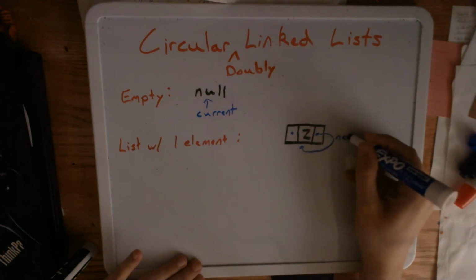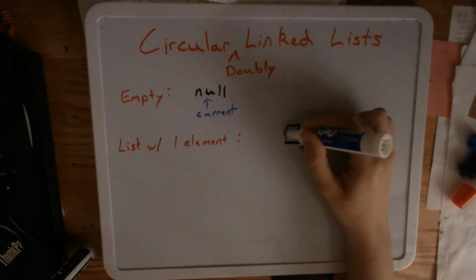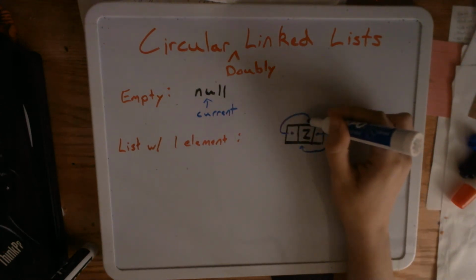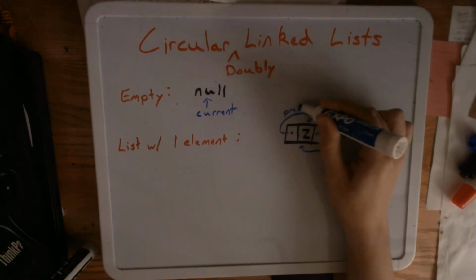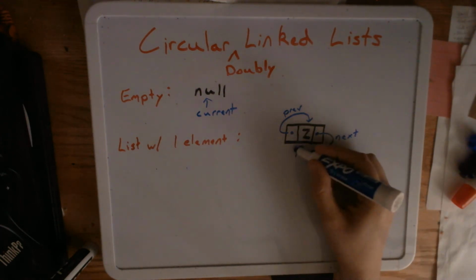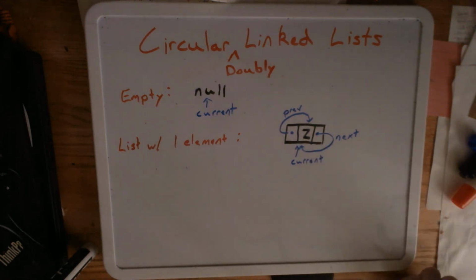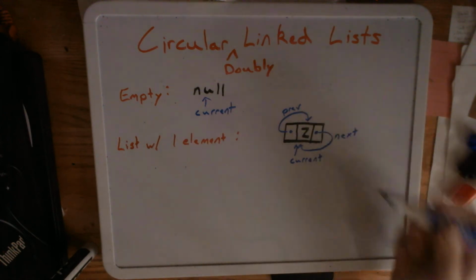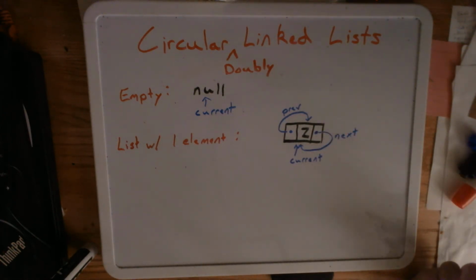So next points back to Z. And prev also points to Z because there's nothing else in the list. And finally, current is also Z. So Z is its own next, Z is its own prev, and the current of the list is also Z.